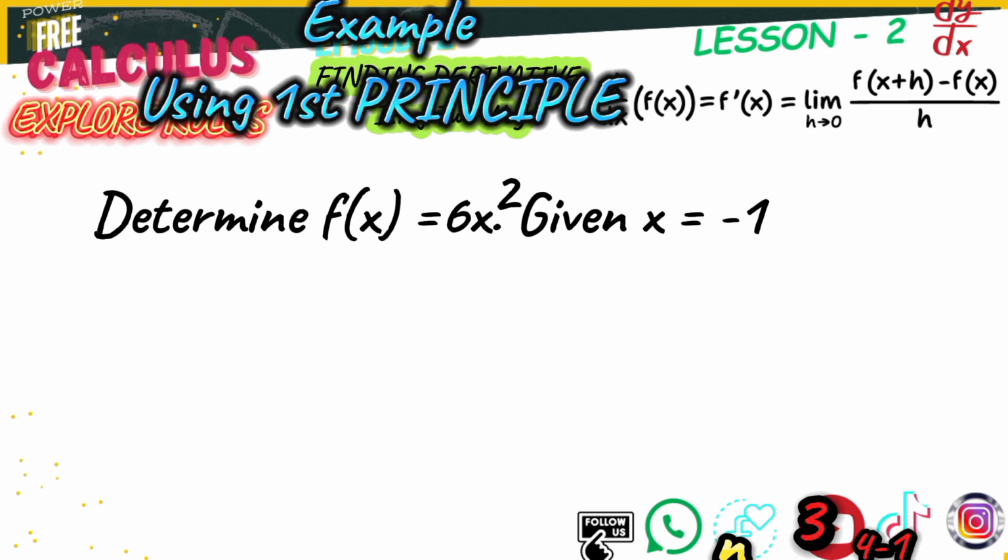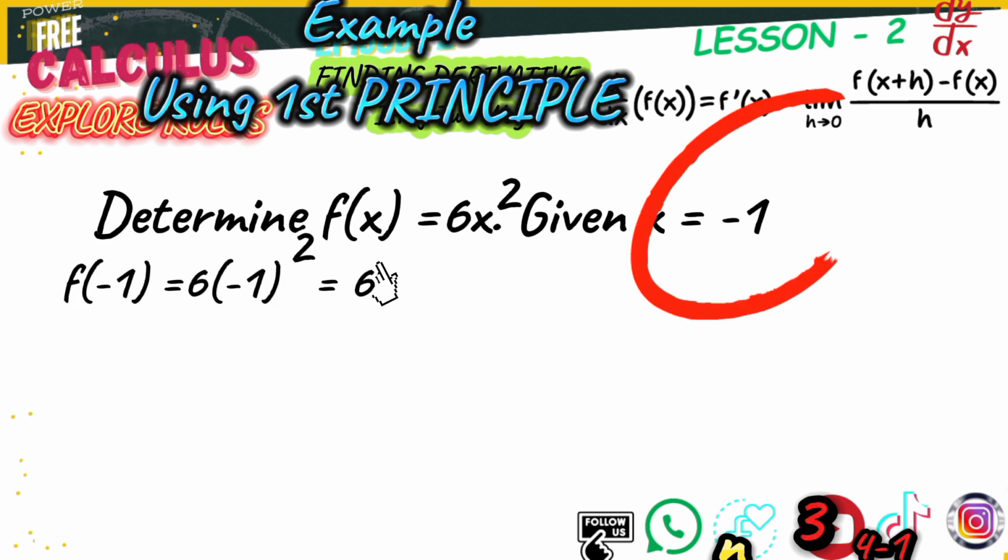So our x is going to be -1. For f of x at -1, we simply substitute that -1 into our formula, and then we have 6 into (-1) squared. -1 squared is 1, and then we have 6. So our f at x is 6.